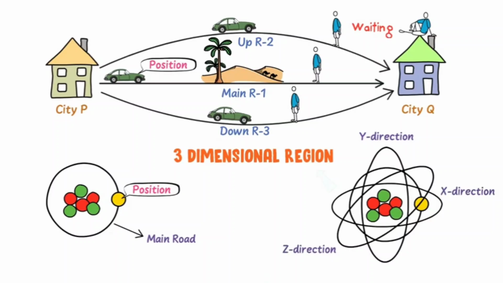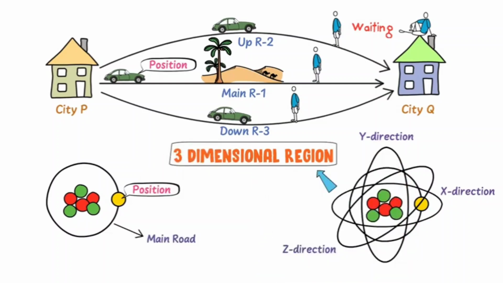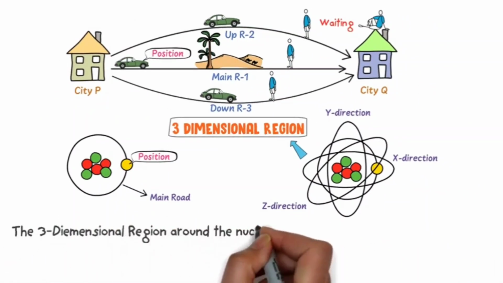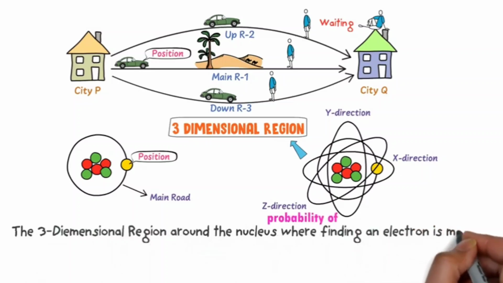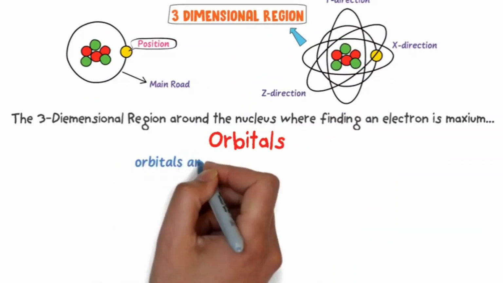So the space around the nucleus in x, y or z direction is the three-dimensional region where we can find electrons. Therefore, we define an orbital as the three-dimensional region around the nucleus where the probability of finding an electron is maximum.